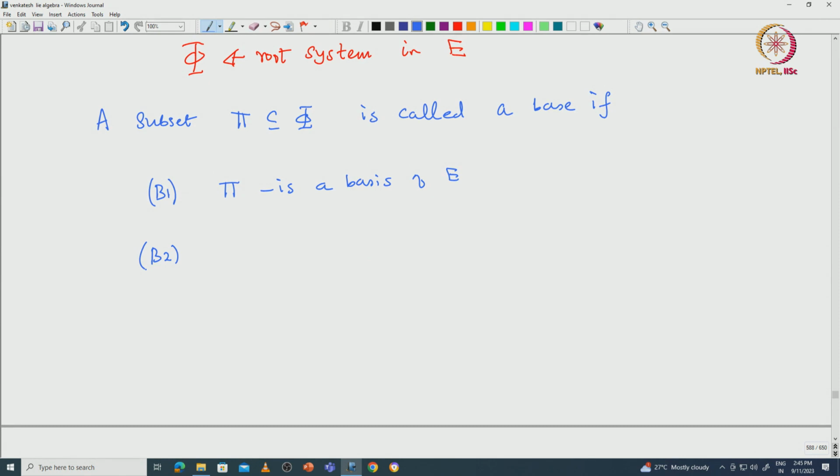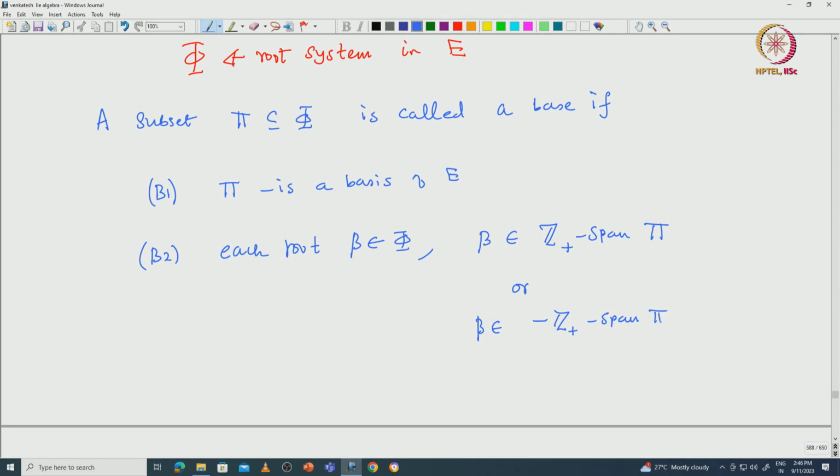Each root beta of phi can be written as either a non-negative integral linear combination of elements from pi or a non-positive integral linear combination of elements from pi. So, beta is either inside Z plus span of pi or beta is in minus Z plus span of pi.